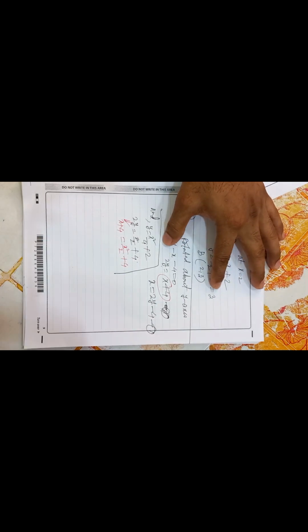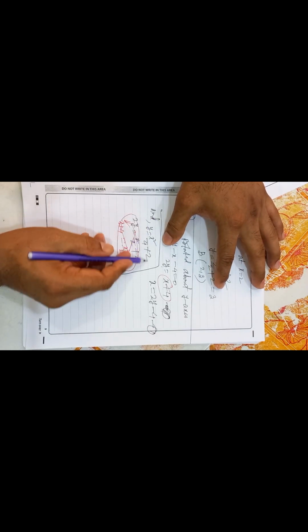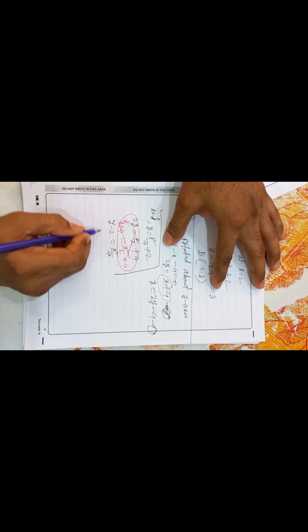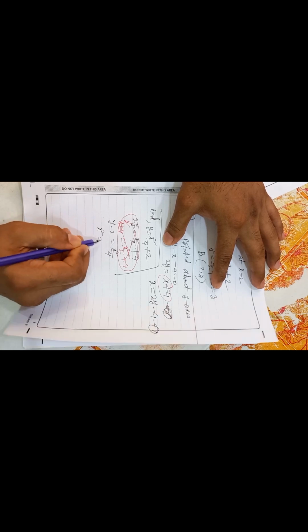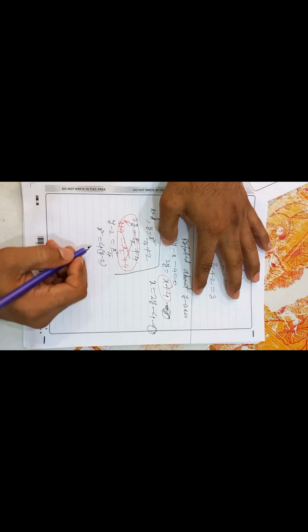And from there also it is not convenient for us. The convenient one here, y equal to this, make x square the subject, that is y minus 2 equal to x square over 4. So then x square equal to 4 times y minus 2.